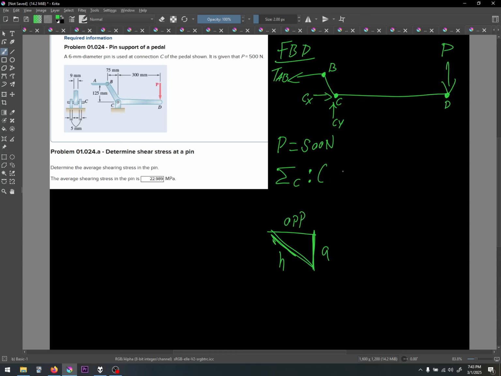Because it's going to be R cross F, which is T_AB, that's our force, minus P, which clearly is going to be 300 millimeters. We say times 10 to the third, or the negative third, one of the two. Or we can leave it in millimeters.